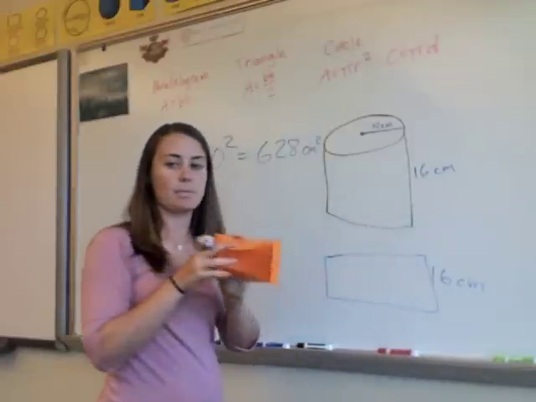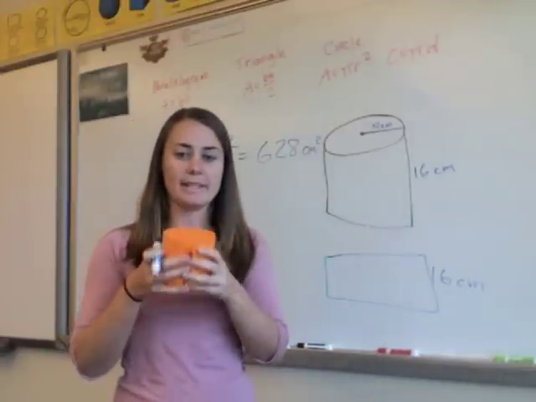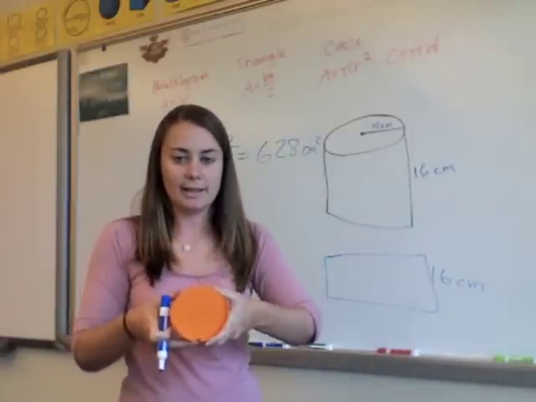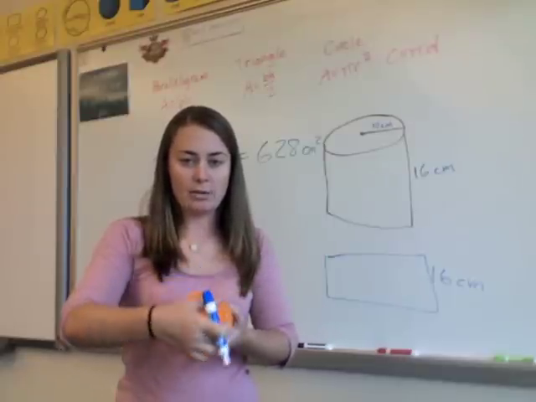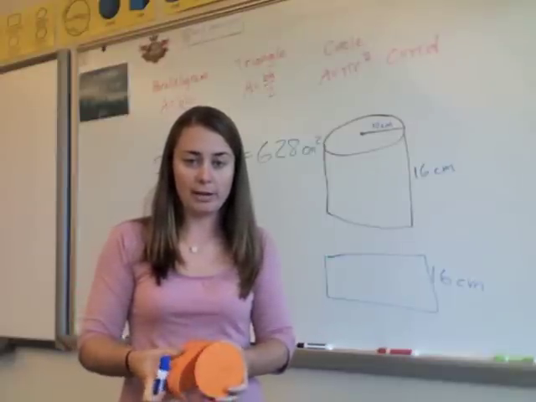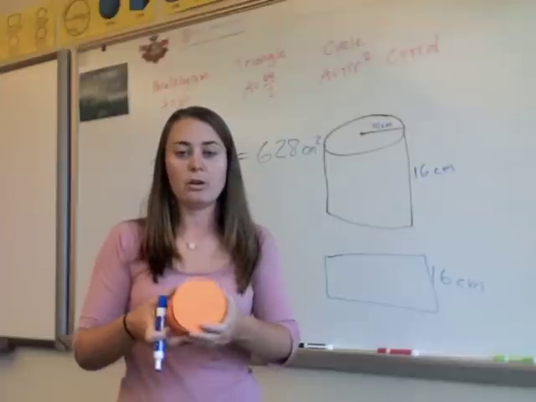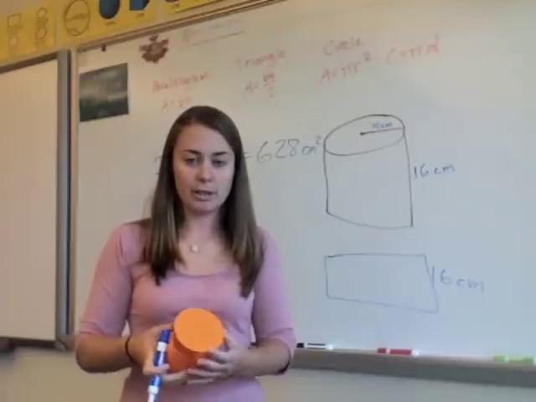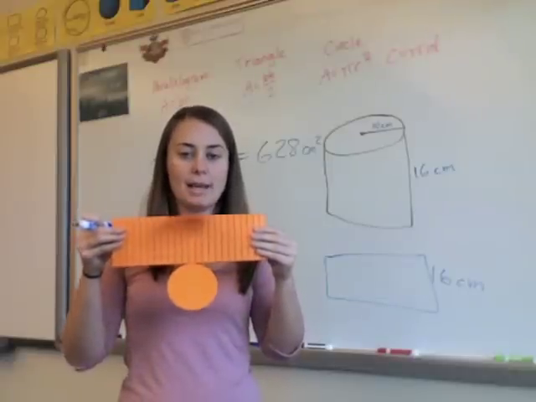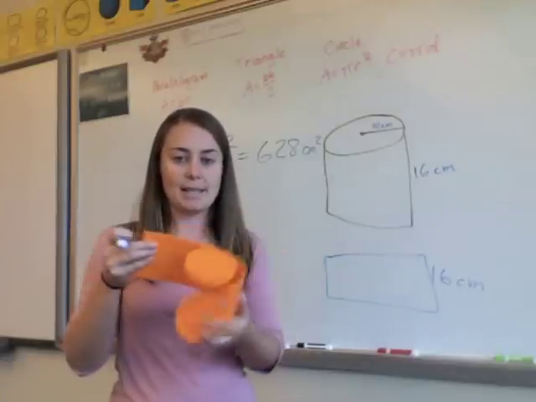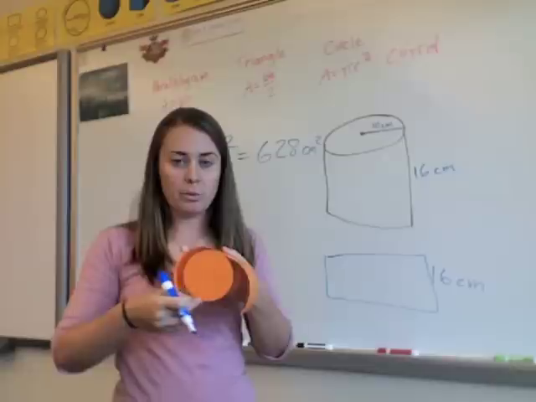The length is the part that people have trouble with. The easiest way to see the length is if you look like this. You see it wrapped around this circle, around this base. It goes all the way around it, just like a Gatorade label or a Coke bottle label or anything. So the length of this rectangle is the same distance as going around this circle.